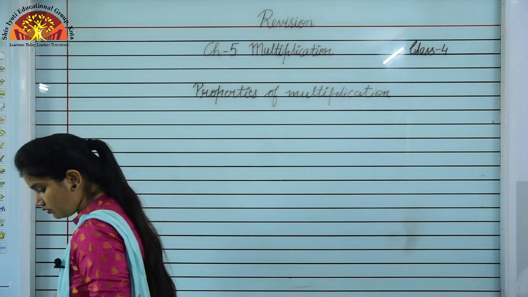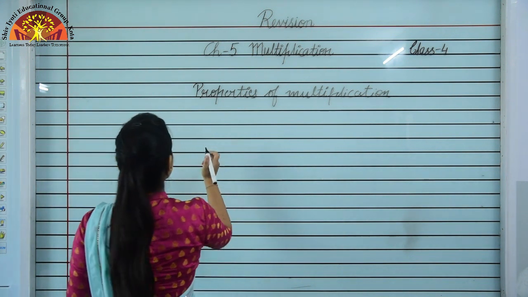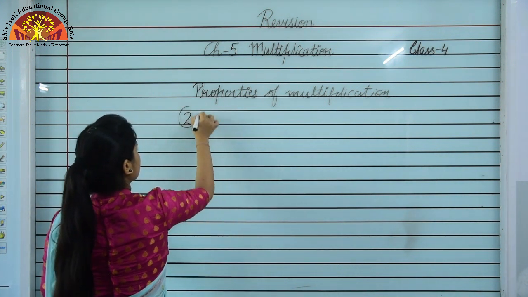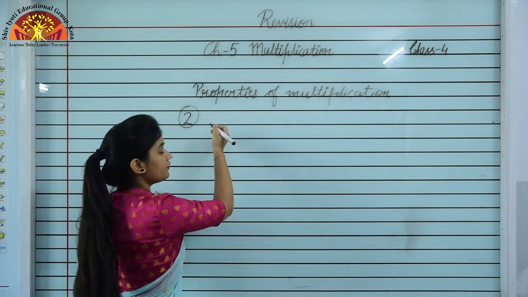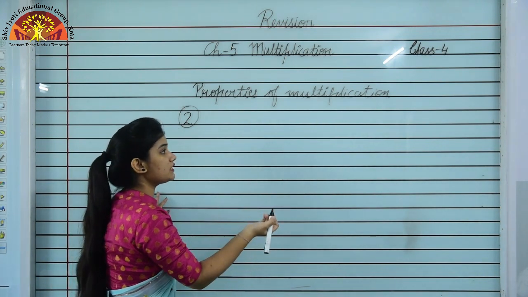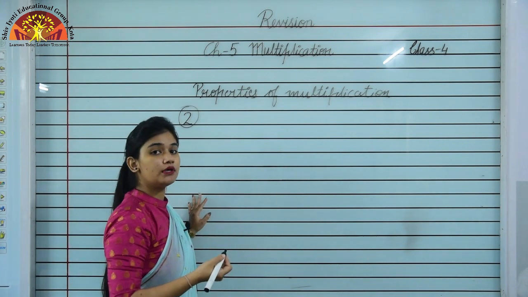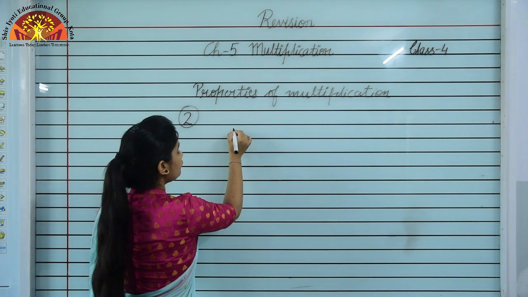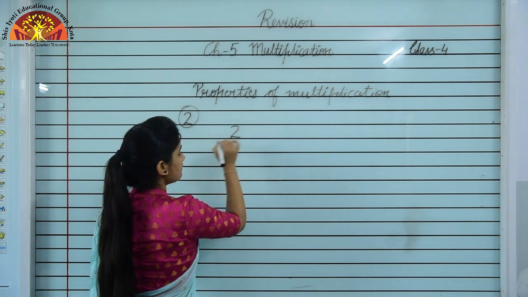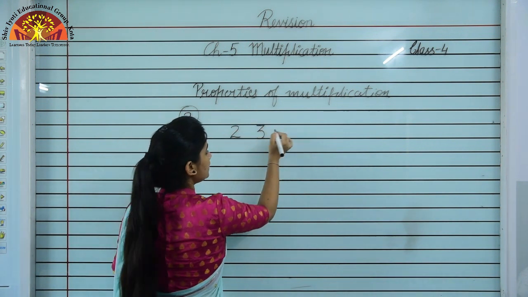That is given on page number 56. Second property. We have seen two numbers, now we'll take three numbers. Three numbers can be grouped in any order and then multiplied. The first I am taking 2, then 3 and then 4.